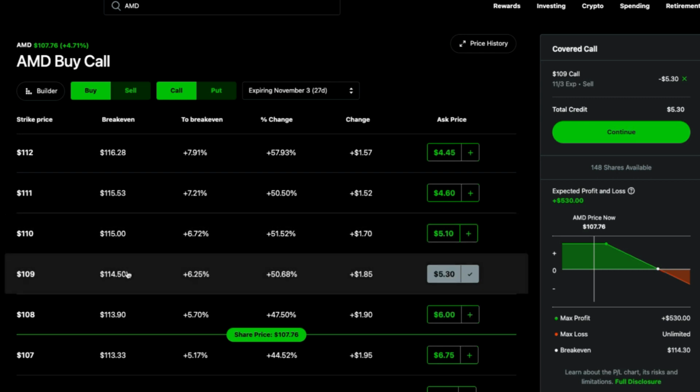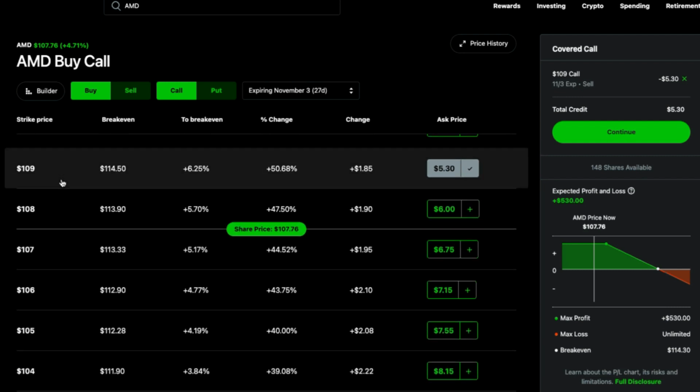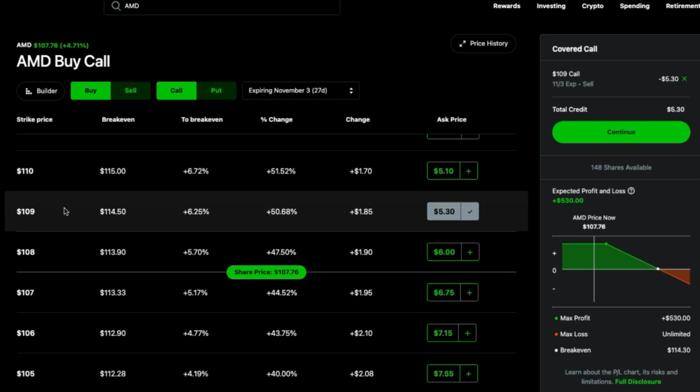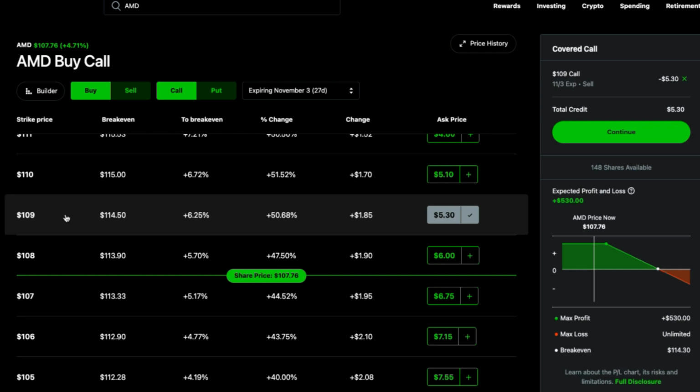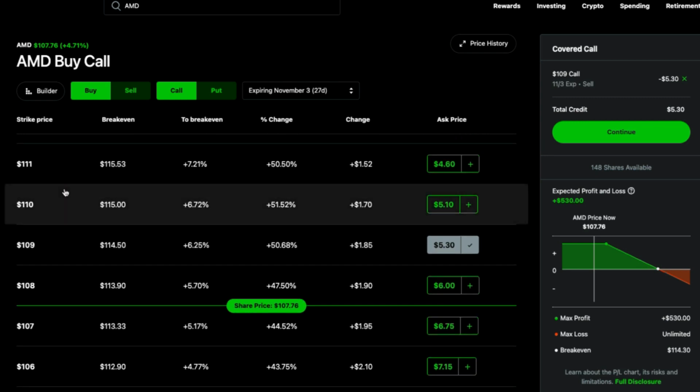As you go closer to the money, your delta is going to increase, so there's a higher chance that it goes in the money, but that's a trade-off you can make based on your analysis of the support, or where you see the resistance in the case of a call credit spread. That's the resistance that you should be careful about, for example where is the resistance for AMD. So that's one way.